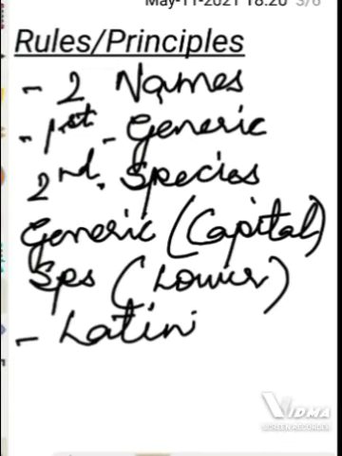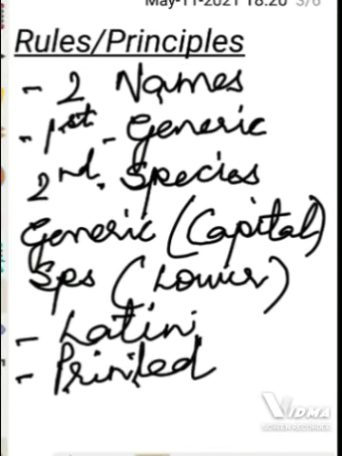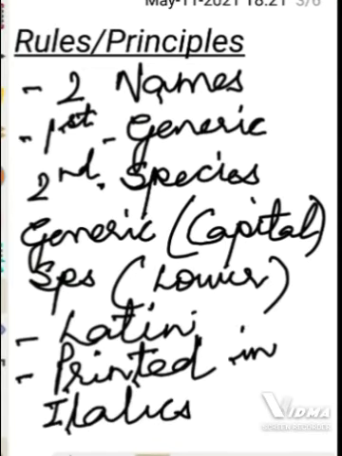So that is why we use Latin. The third rule is that when the name is printed, it is always printed in italics. And if it is handwritten, then we write the name of the genus and species and underline both.